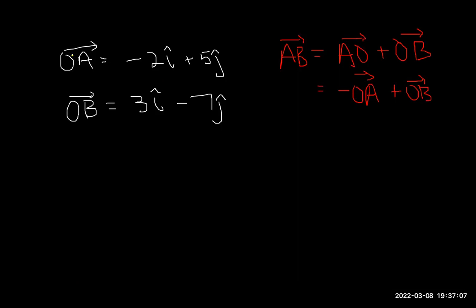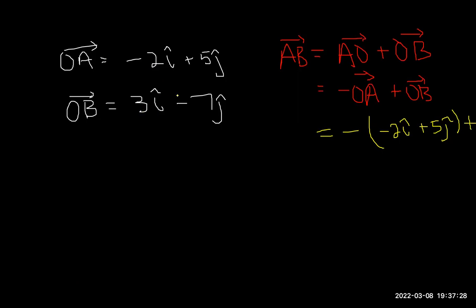So I know that AO is minus 2i hat plus 5j hat, so that's exactly what I would substitute into here. So minus OA would be minus 2i hat plus 5j hat, and then that's plus OB.